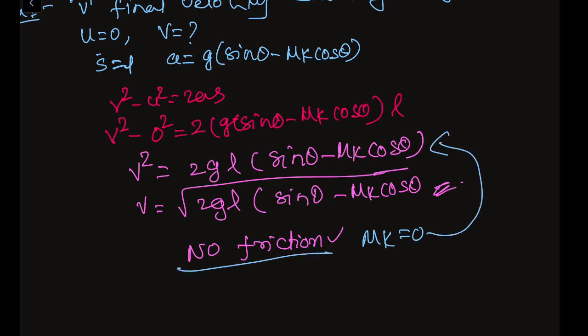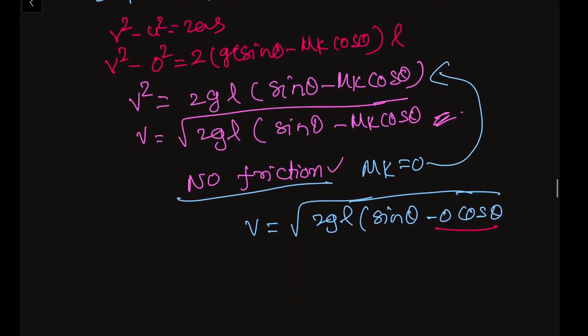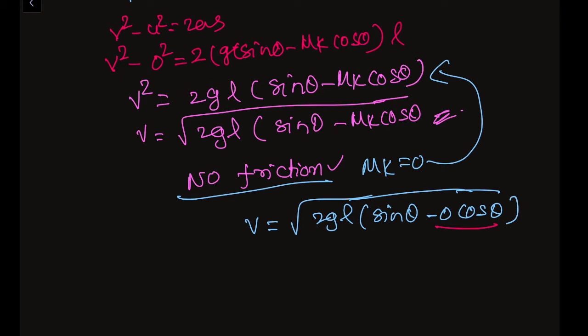So v is equal to root of 2gl into sin theta minus 0 into cos theta, that is, v is equal to root of 2gl sin theta.